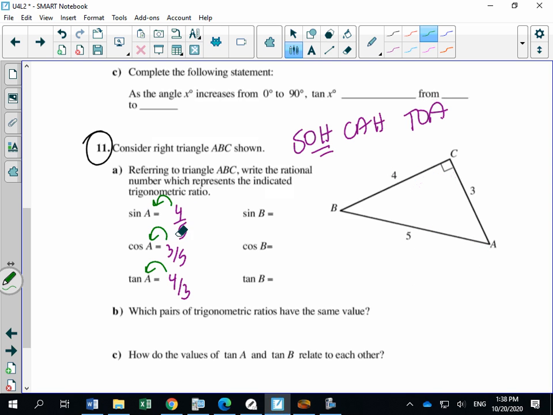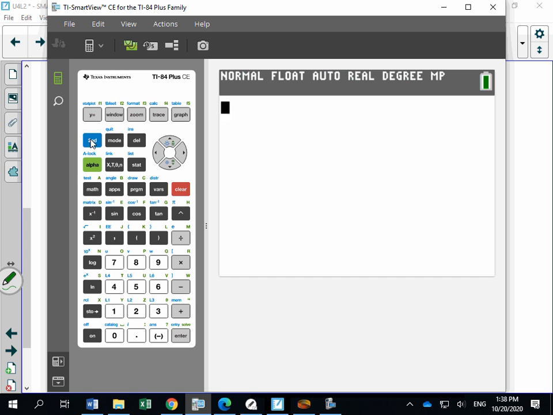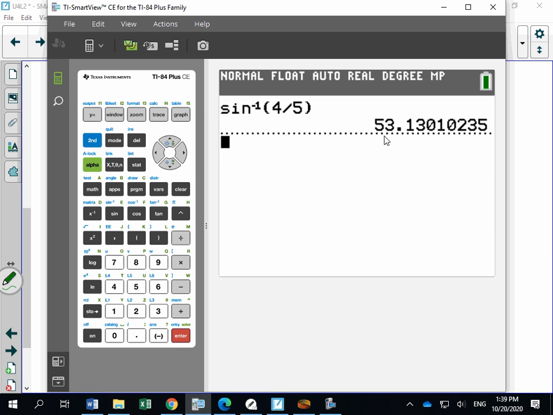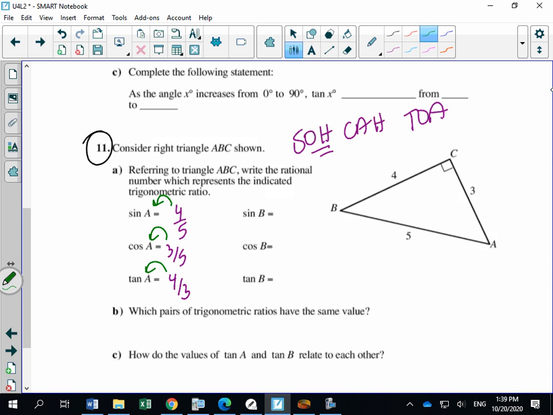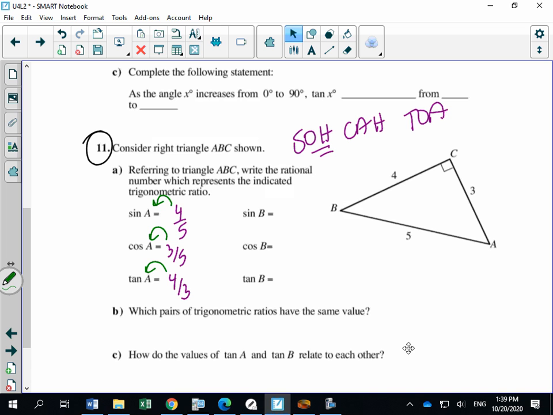This is what we're going to be doing tomorrow, and we're going to be filling in our triangles. So if we started with sine, I'd type in second function sine of 4 over 5. So this is just to sort of give you a preview of tomorrow, and I get 53 degrees. So I'm getting 53 degrees for angle A.